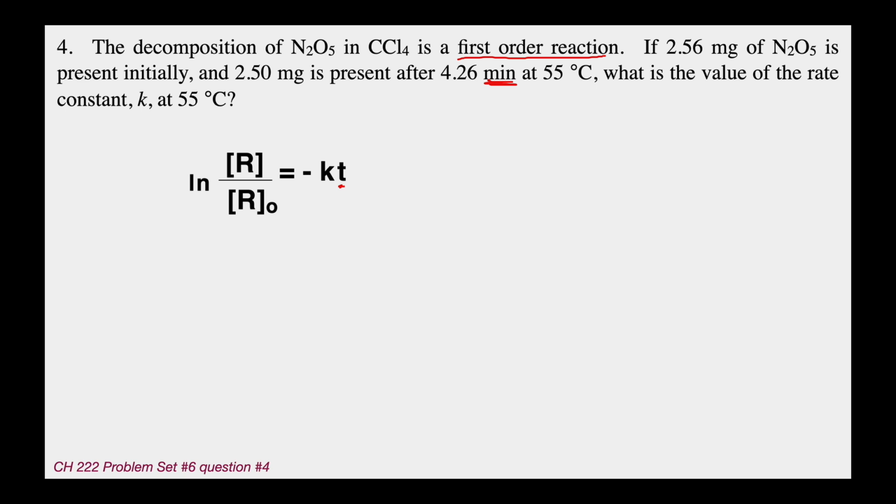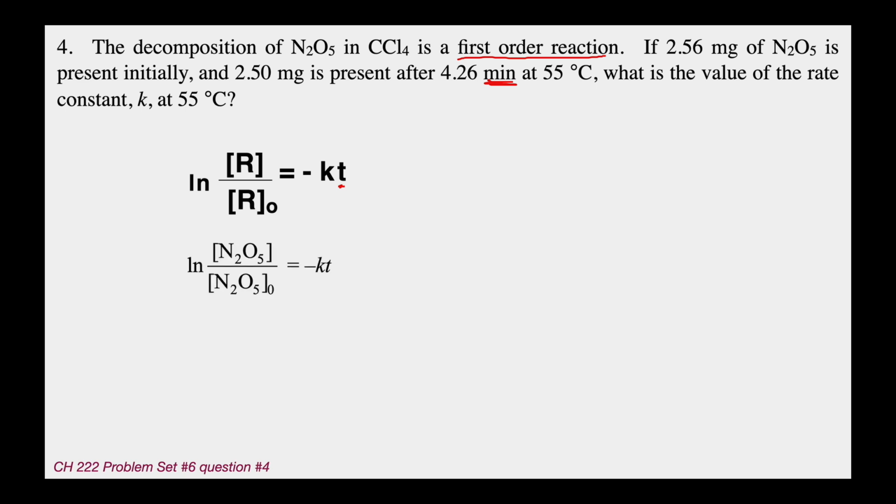So if time would be hours, K would be inverse hours. If time is milliseconds, K would be inverse milliseconds. Both K and T are positive. Their units are the same kind of units, but of course K is inverse time. So knowing all that, a lot of these problems are just good old plug and chug.